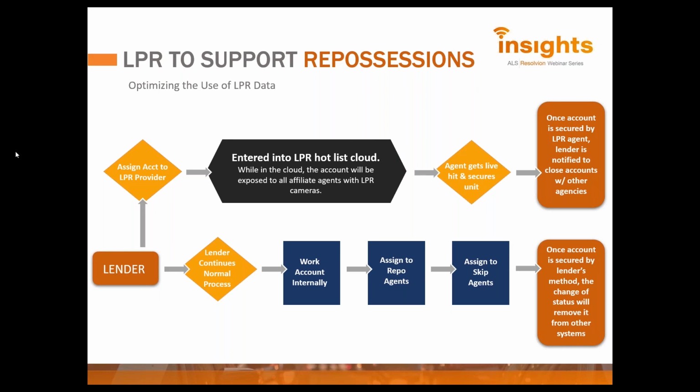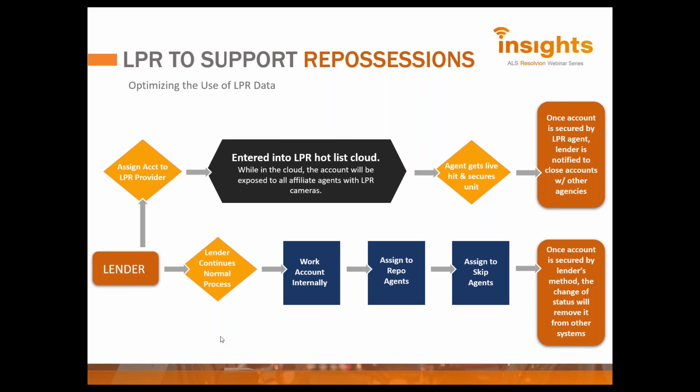That gets entered into the LPR hot list cloud that we call it. So you've got both these efforts taking place simultaneously. The key is, though, that once the car is recovered by either one of these channels, it's got to be closed out in the other immediately, obviously to avoid the risk of unintended repossession.